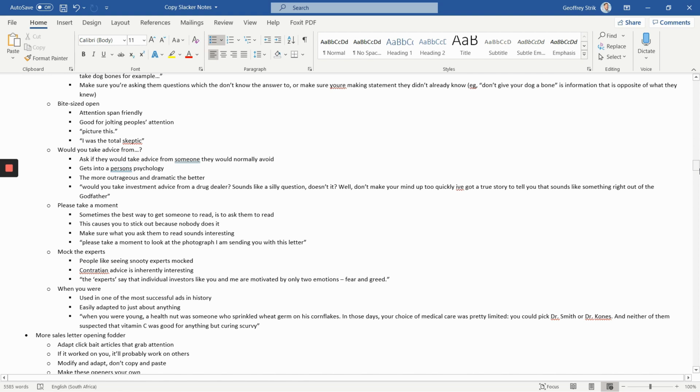All right. So finally, you want to make these openers your own. So that comes back to adapting the things that you see other copywriters using. When you find an intriguing headline, analyze it, see what it is that they're doing.